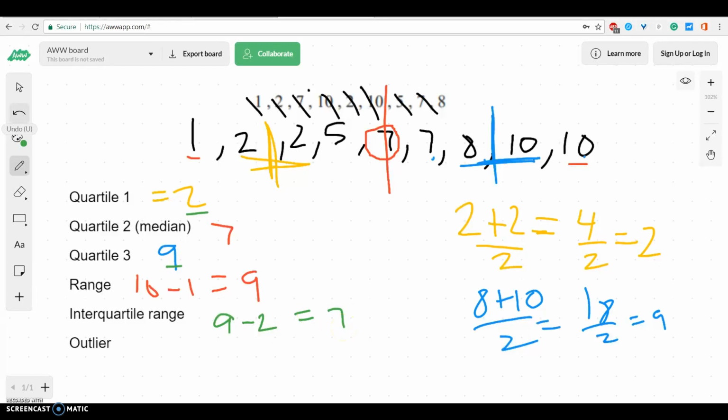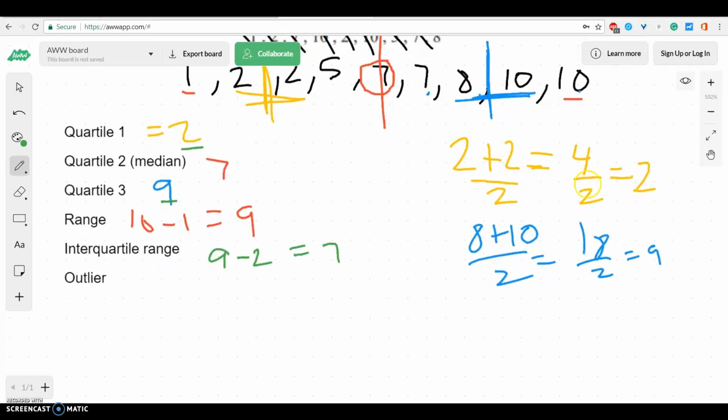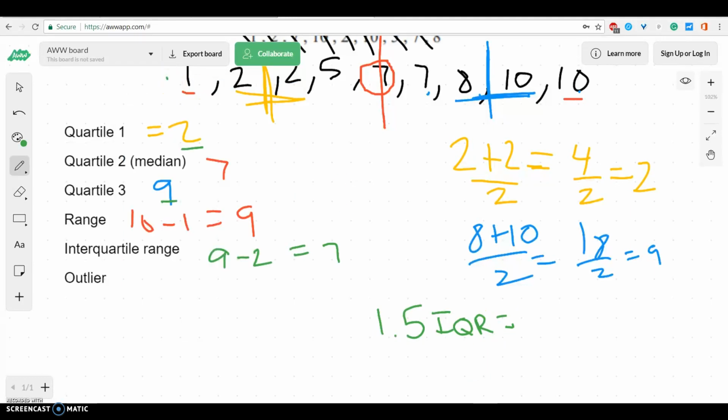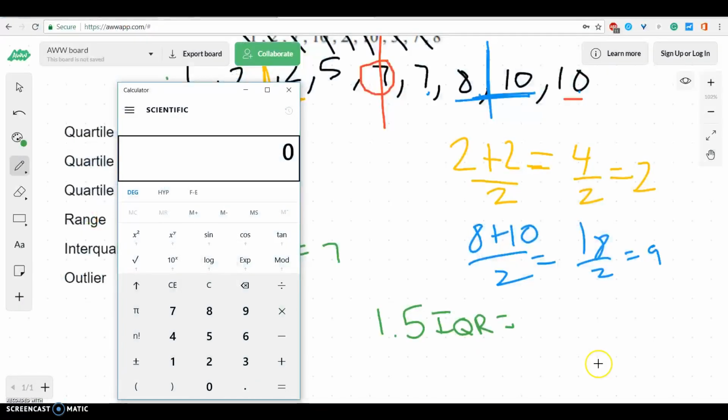And now we have to check if there's any outliers. Again, outliers are extremes. This doesn't look like it has any extremes, so we're probably going to say no. But again, we can test for any extremes using our 1.5 IQR rule. So we're going to find out how much width is acceptable. We're going to take our IQR, which is 7.